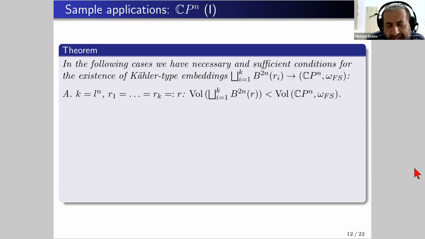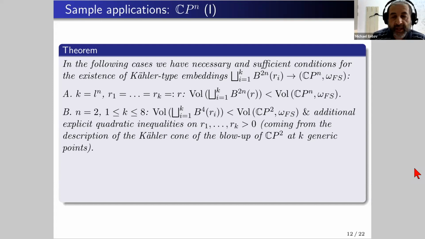They check when an appropriate homology class on the blowup can be realized by Kähler forms, not just symplectic ones. So it's no wonder that we get more or less the same result, but we strengthen the result by getting Kähler-type embeddings in the same cases.